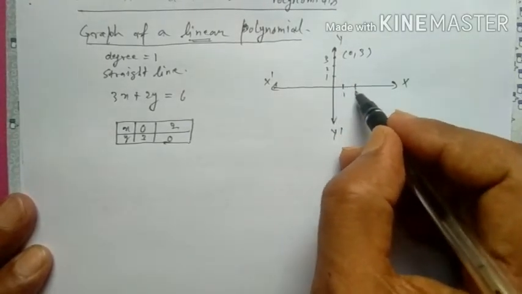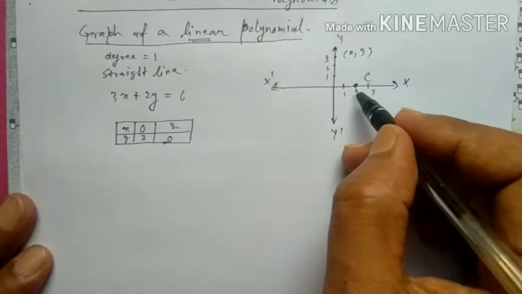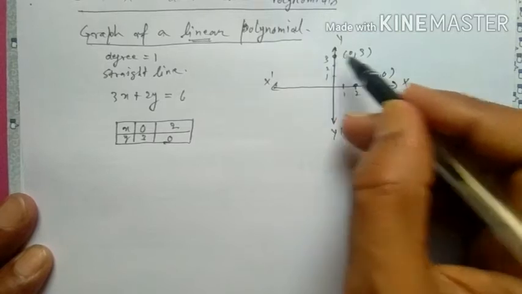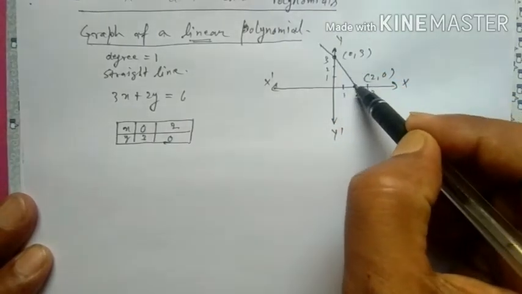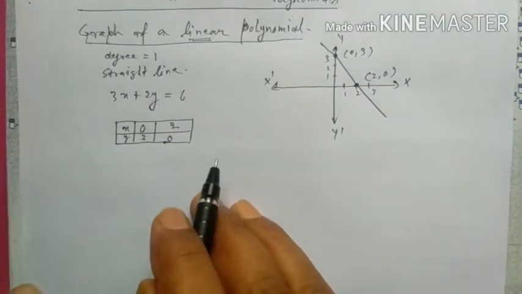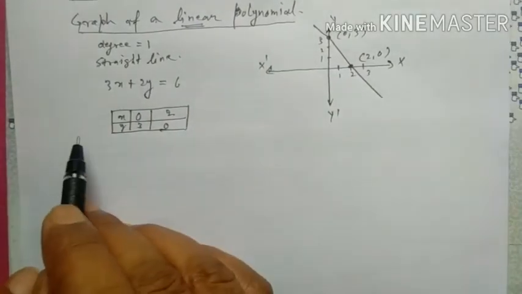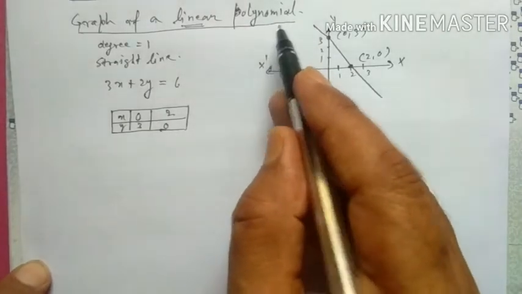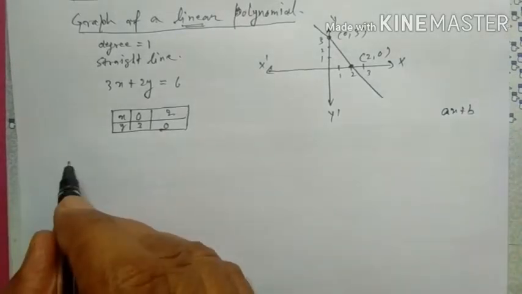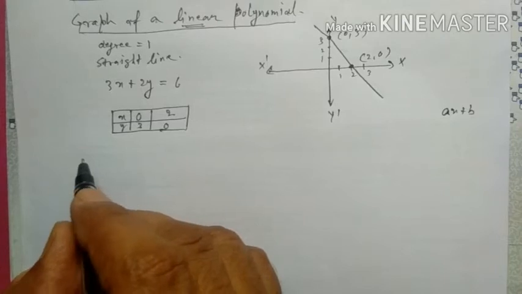Join these 2 points and we will get a straight line. So the graph of a linear polynomial is a straight line, and the general form of a linear polynomial is ax plus b.